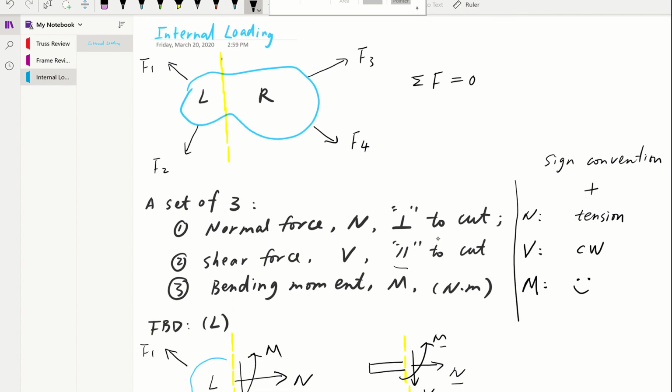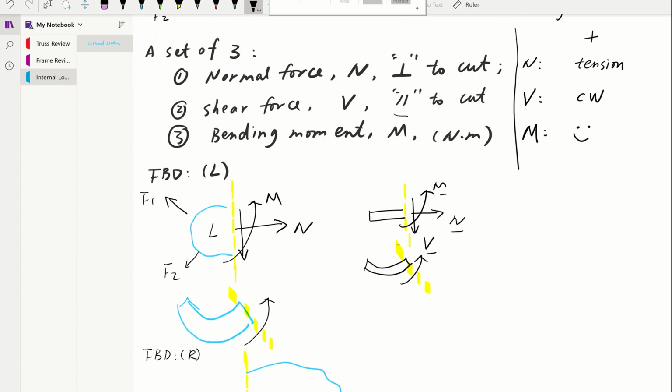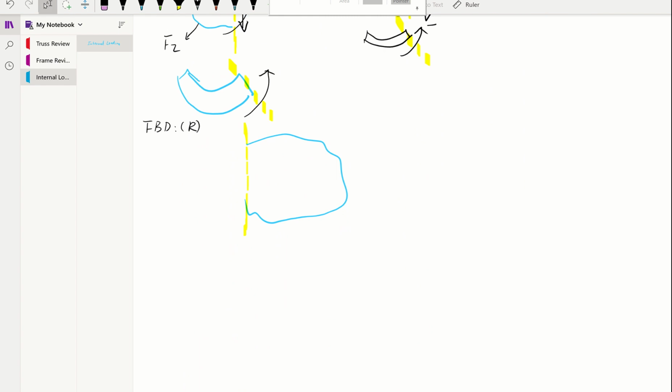Well, do we still have F3 and F4? Yes, we do. Imagine if we have no internal forces, F3 and F4 cannot balance each other, right? So internal forces have to be put into place to balance this section.